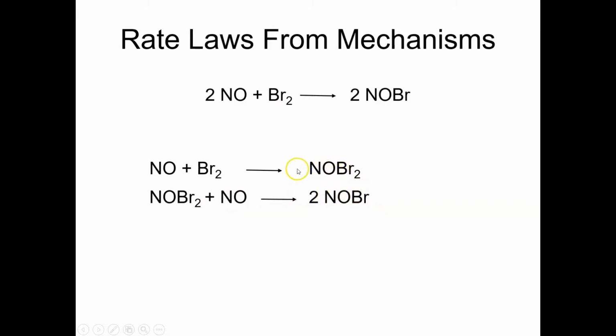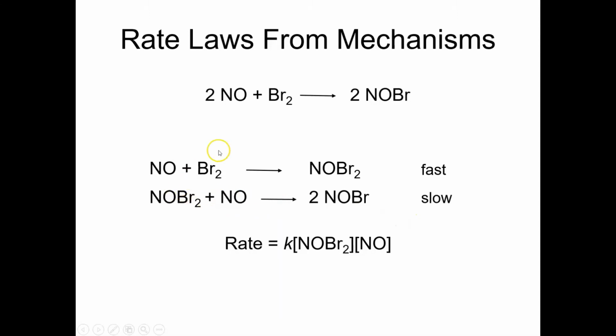This turns out to be an intermediate that cancels out. When you're done, you get 2 NO plus Br2 gives you 2 NOBr. Now, in this case, it turns out that the second step is slow. And therefore, the rate law for the whole reaction is going to be the rate law for the second step. And I can write the rate law for the second step, and there it is.